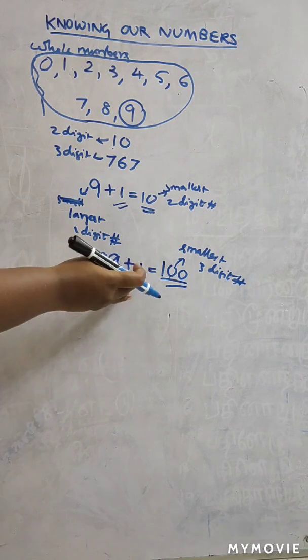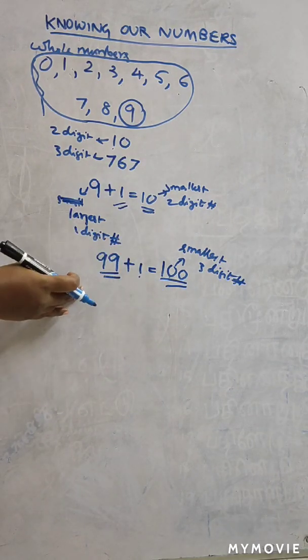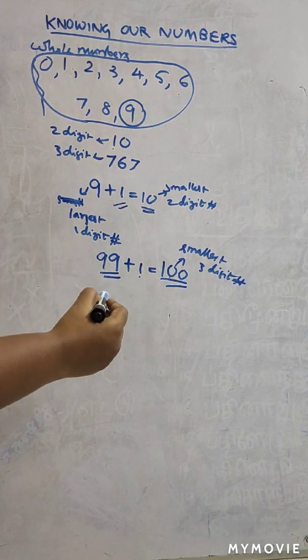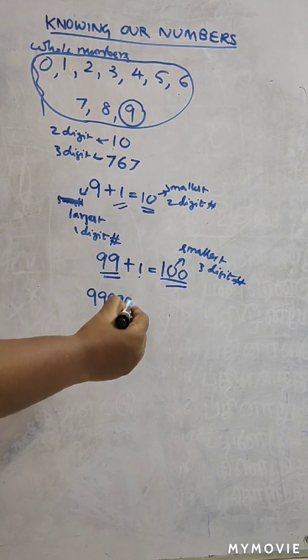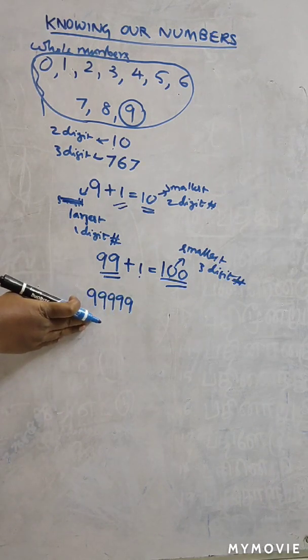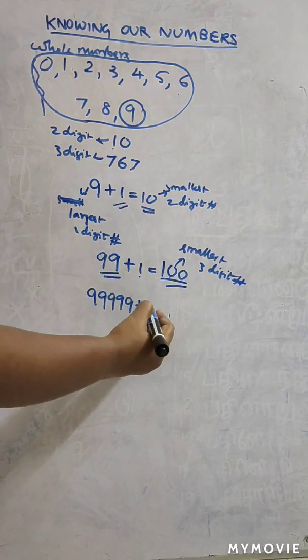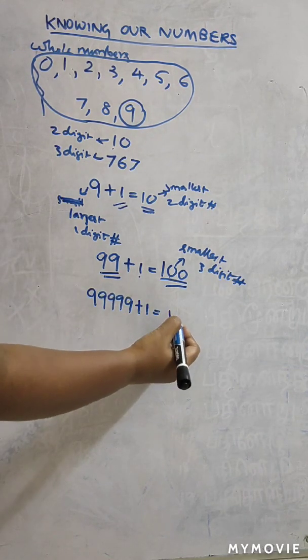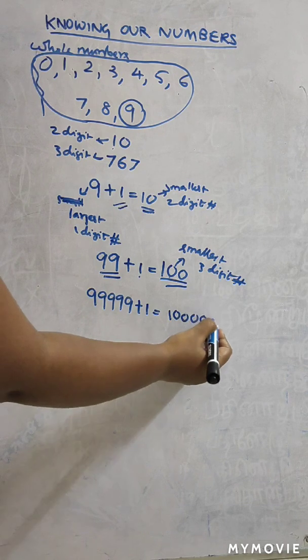So here what we did is we added 1 to the previous number, and we are getting the next number. Similarly, if I add 1 to the largest 5-digit number, that is, 5 times I'll have to write 9, then what do I get? I will get the sum as 1 followed by 5 zeros.